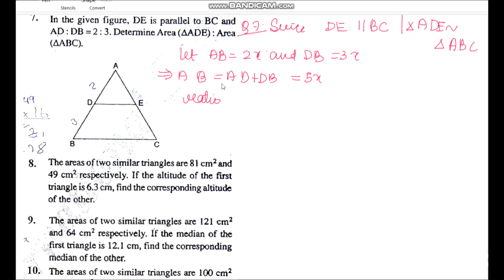The ratio of the areas is the ratio of the corresponding sides squared.